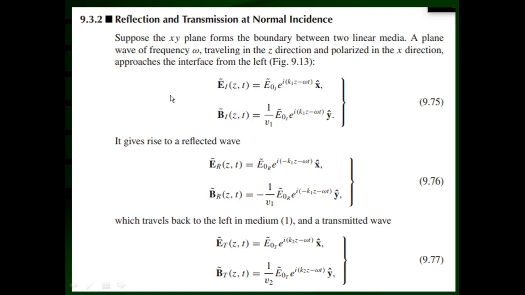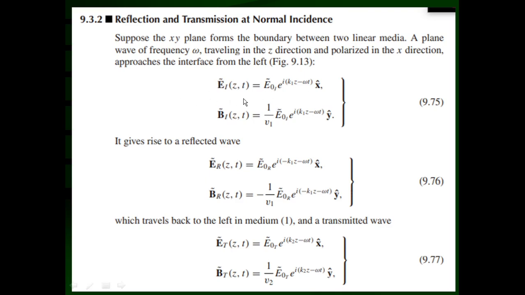In a plane wave, the electric and magnetic field components are constant over the plane everywhere. That means the fields are not functions of x and y, but definitely functions of the z coordinate, because from the origin, as z increases, the fields change. That means the electric field is a function of z and t, and the magnetic field is also a function of z and t.